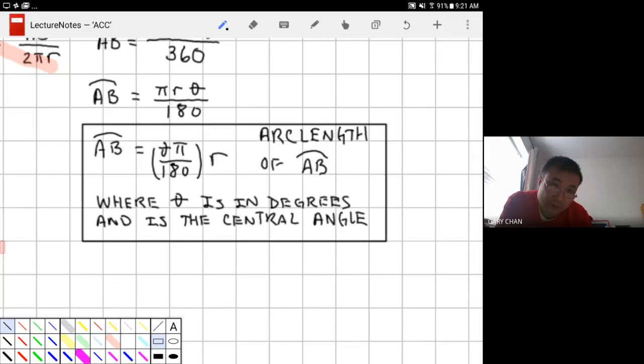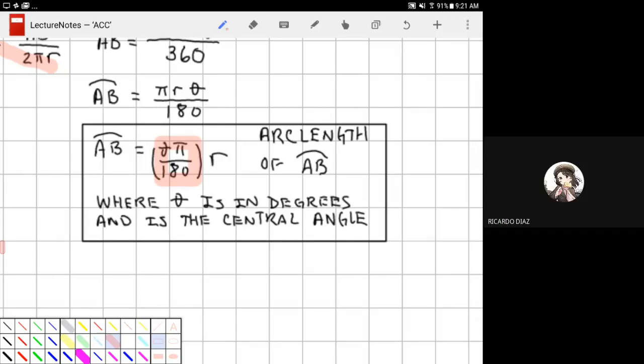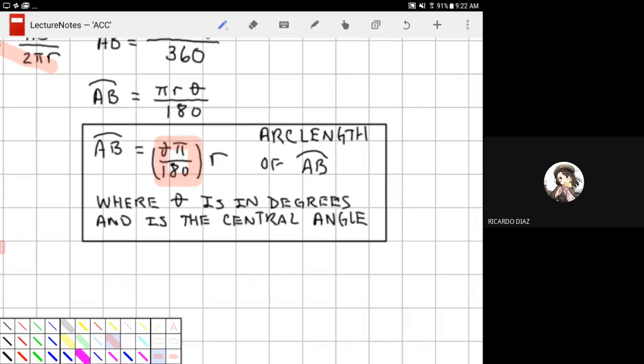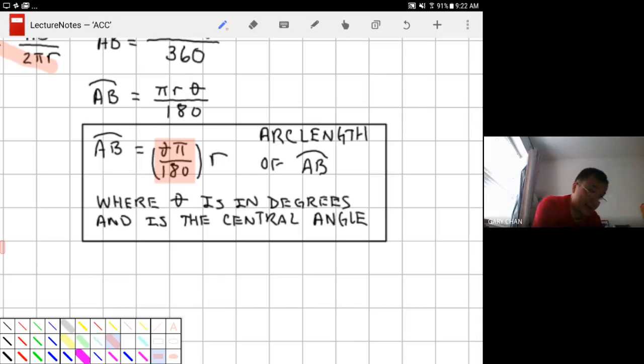So the reason for this rearrangement is because later on in the week it will be understood that this thing right here has a name, and that thing there is referred to as a radian measure.